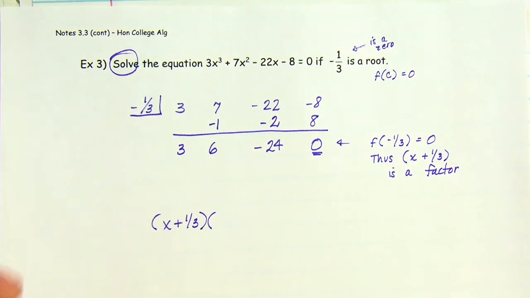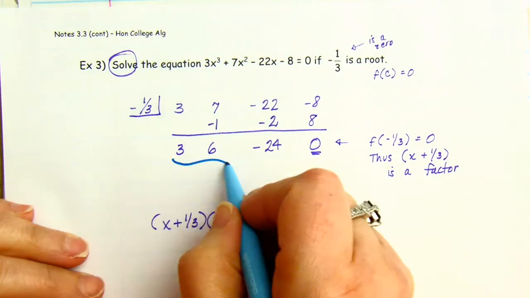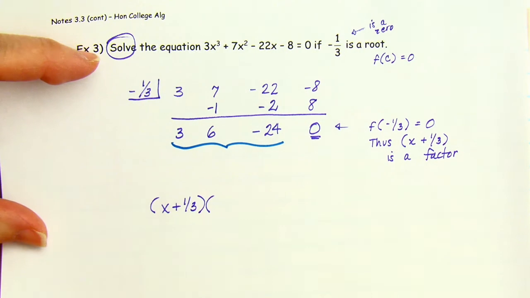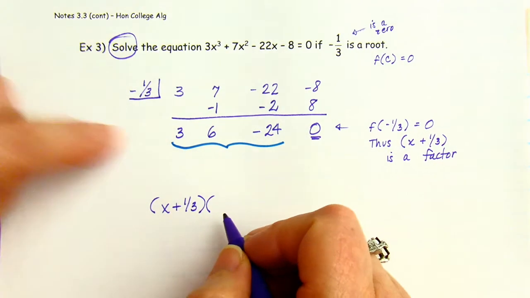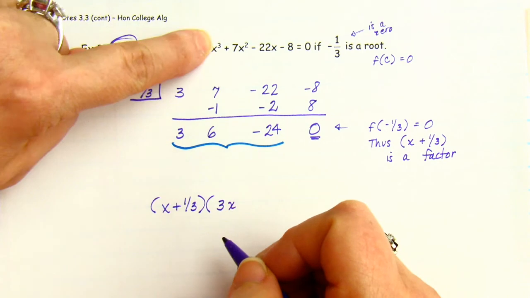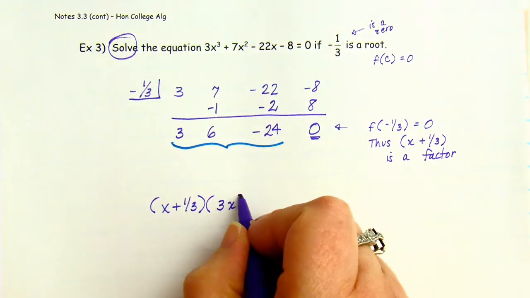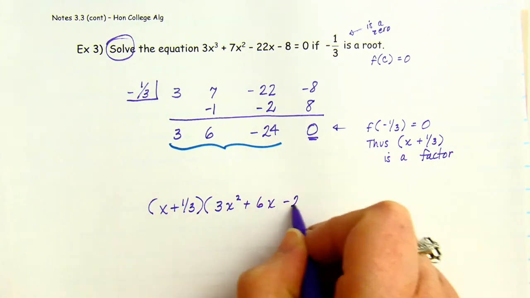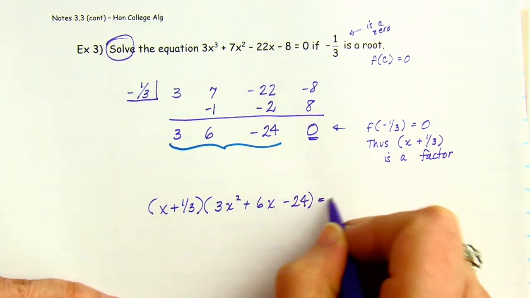Now remember, I have to use this, so we can't escape and not use the synthetic division because I need those elements to tell me what is in my next polynomial that I'm going to have to factor. This is 3 x to the power of, started out as cube. This bumps down to square, plus 6x minus 24 equals 0.